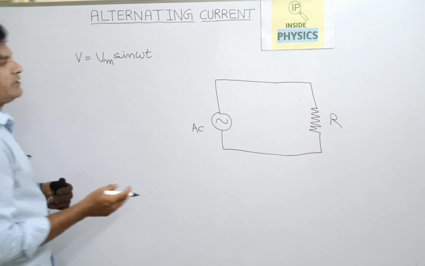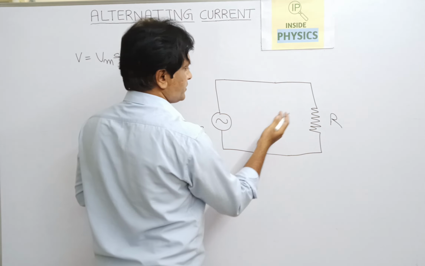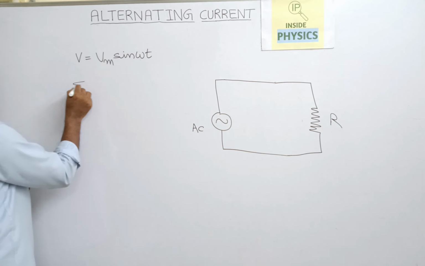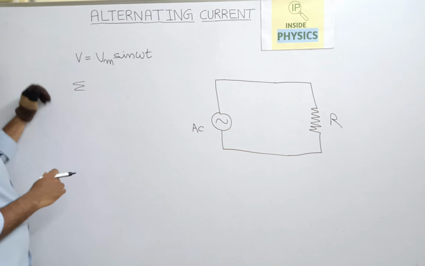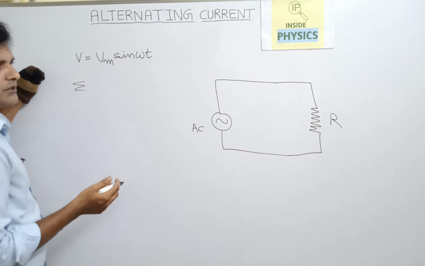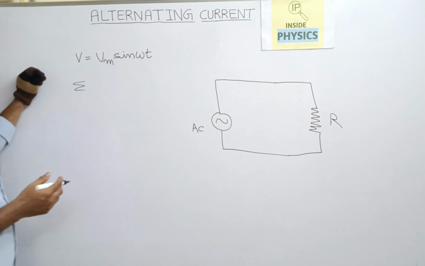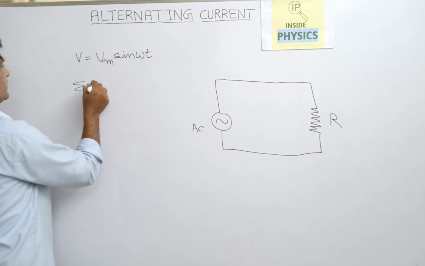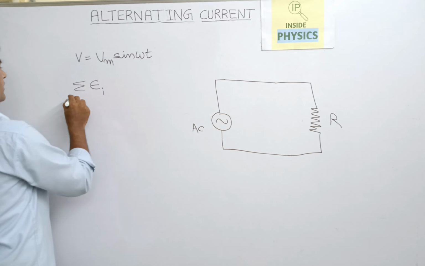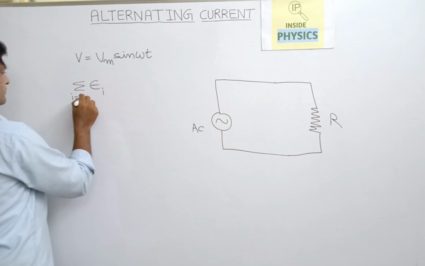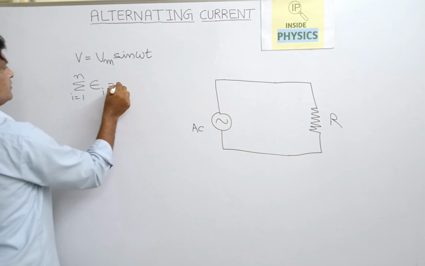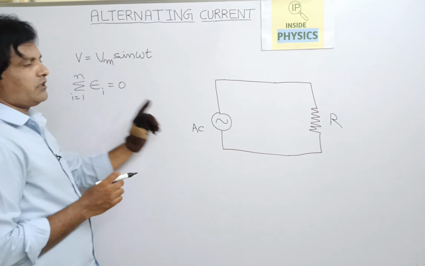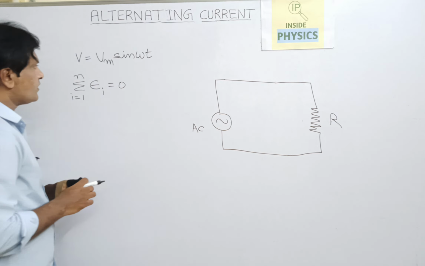So here this is a simple resistive circuit. By applying Kirchhoff's second law, what is the second law? The algebraic sum of all the potential differences in a closed circuit is zero, that means the sum of ε_i, i equals 1 to n, is equal to 0, if there are n EMFs.